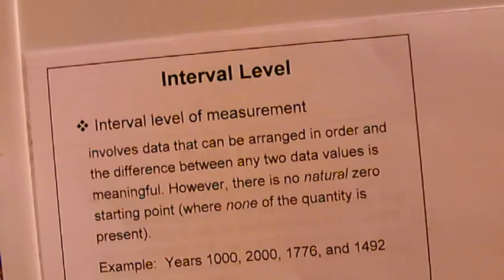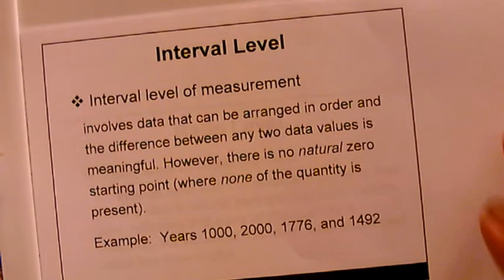Okay, the third type is the interval level of measurement. This involves data that can be arranged in order, and the difference between any 2 data values is meaningful. However, you don't have a natural 0 starting point where none of the quantity is present. For example, the year 1000, the year 2000, the year 1776, and the year 1492.